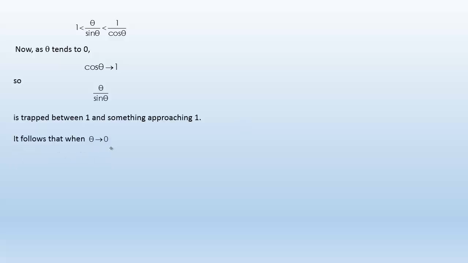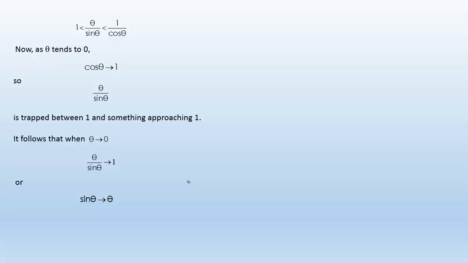It follows that when theta tends to 0, that theta over sine theta must tend to 1 because it's trapped in the middle. Or, if we like, sine theta tends to theta as theta tends to 0.